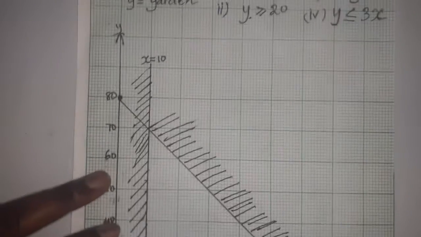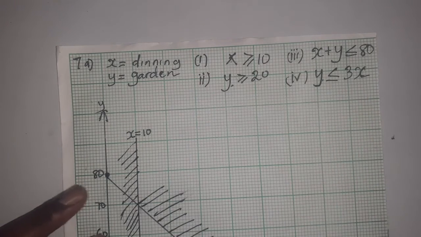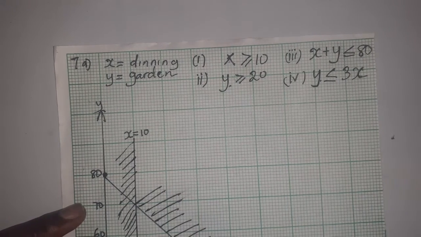What do we have? This is also an inequality with two variables. So we need to do the same thing that we just did on the other part. How are we supposed to do this part?